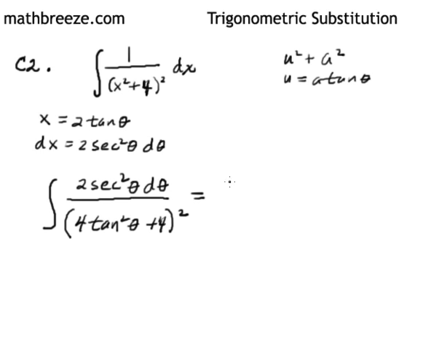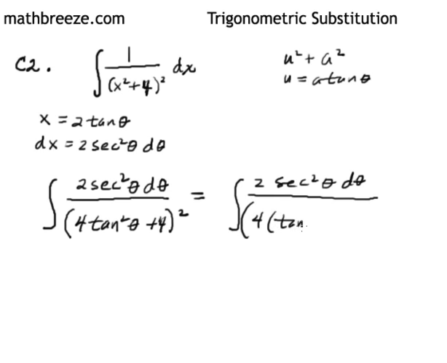All right, let's just rewrite this a little bit. We're just going to factor the 4 out. So we have 4 tan squared theta plus 1. And tan squared theta plus 1 is equal to secant squared theta.